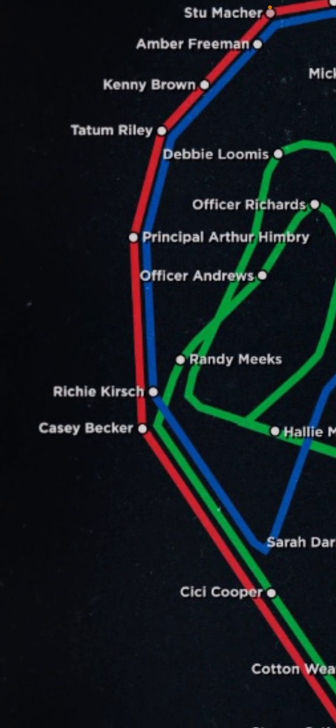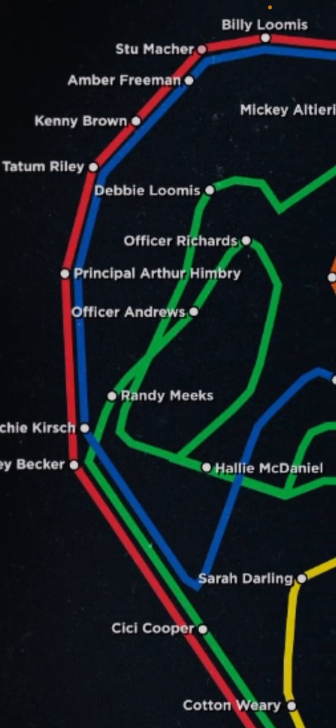Basically everyone in this map, besides Sam and Kirby, of course, was either a killer and they died, or they were a victim to one of the killers and they died. That's what it's showing here.